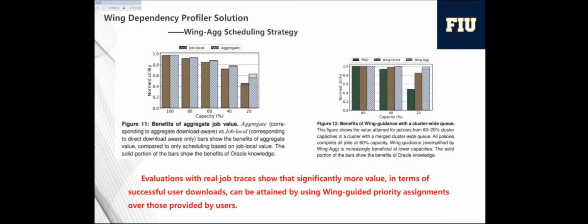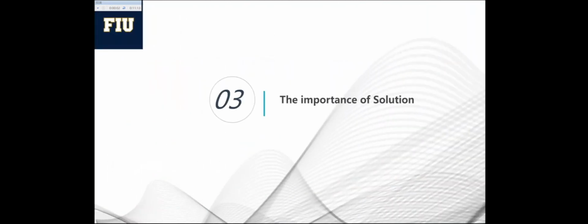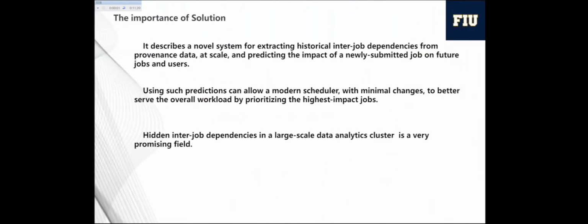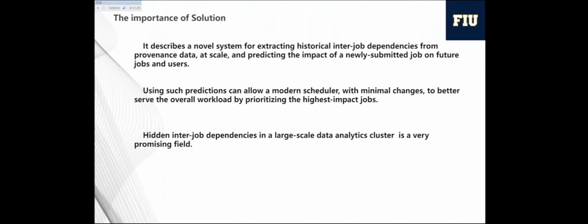Through such a logical process of solution, the results obtained by the author have three important points. First, it describes a novel system for extracting historical inter-job dependencies from provenance data at scale and predicting the impact of a newly submitted job on future jobs and the user.